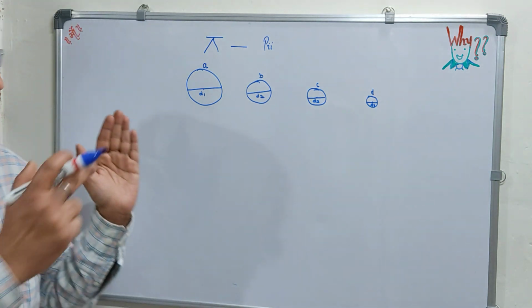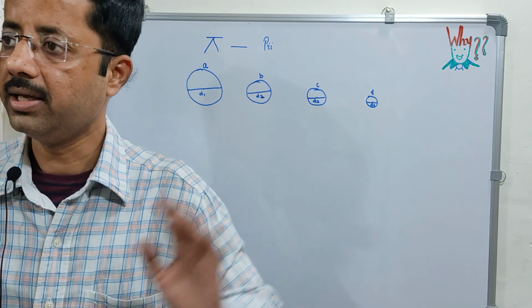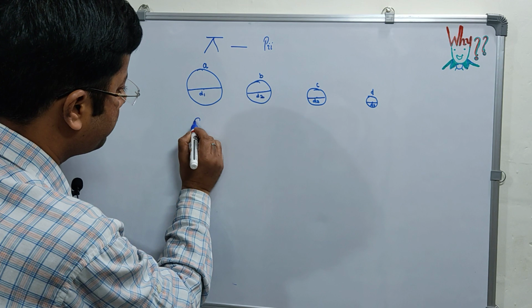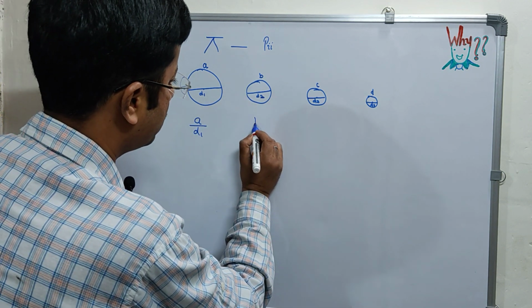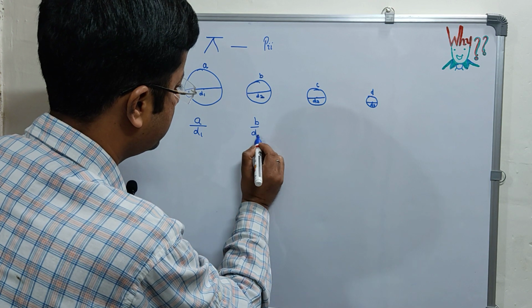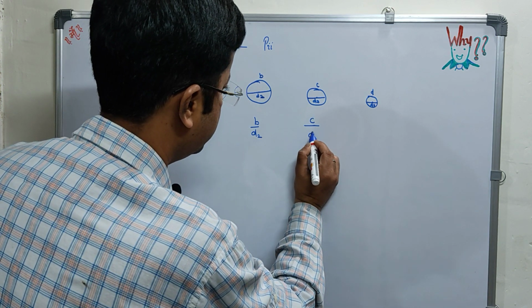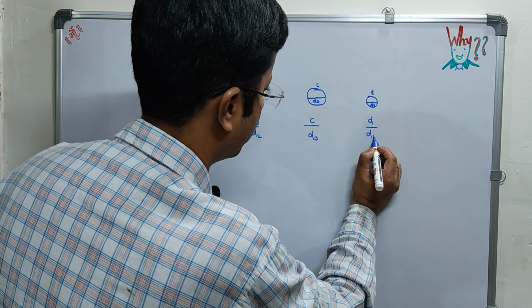We have denoted the diameters of the 4 circles as d1, d2, d3 and d4. Now we are finding the ratio a upon d1. Here also b upon d2. Here the ratio is c upon d3, and here d upon d4.